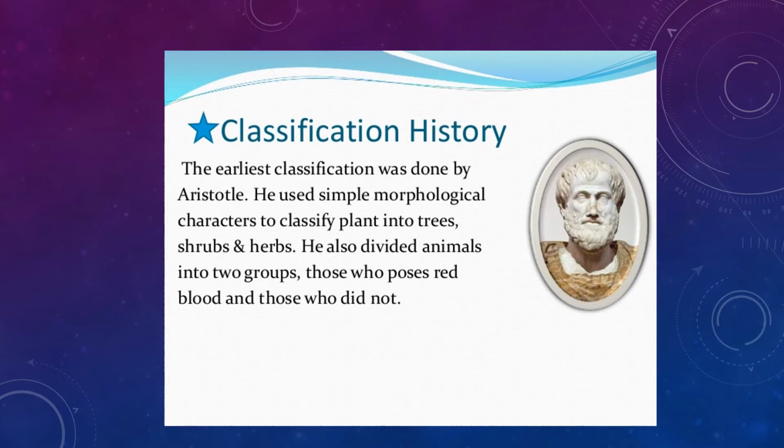The earliest classification was done by Aristotle. He used simple morphological characters which classified plants into trees, shrubs, and herbs. He also classified animals into two groups based on the presence of RBC, that is red blood corpuscles, and the absence of it.